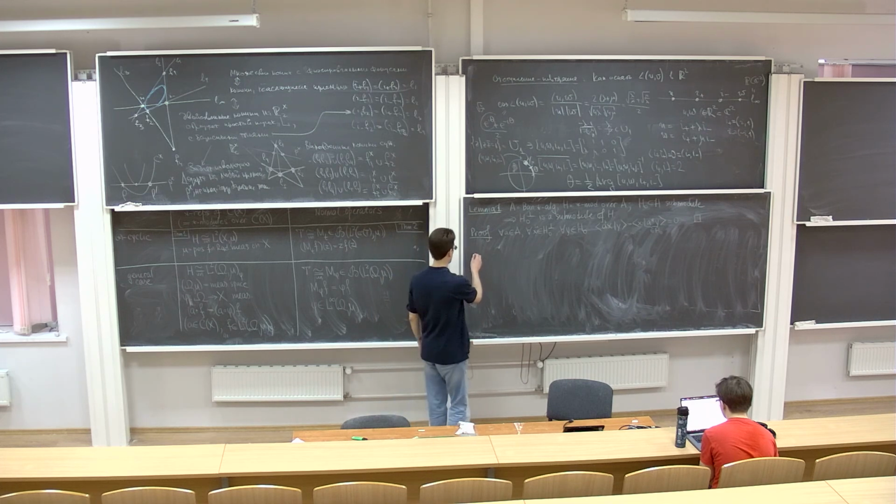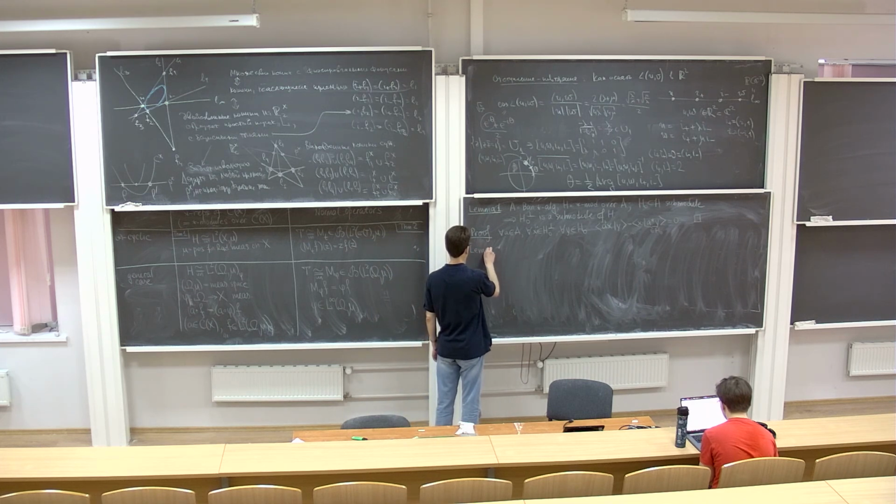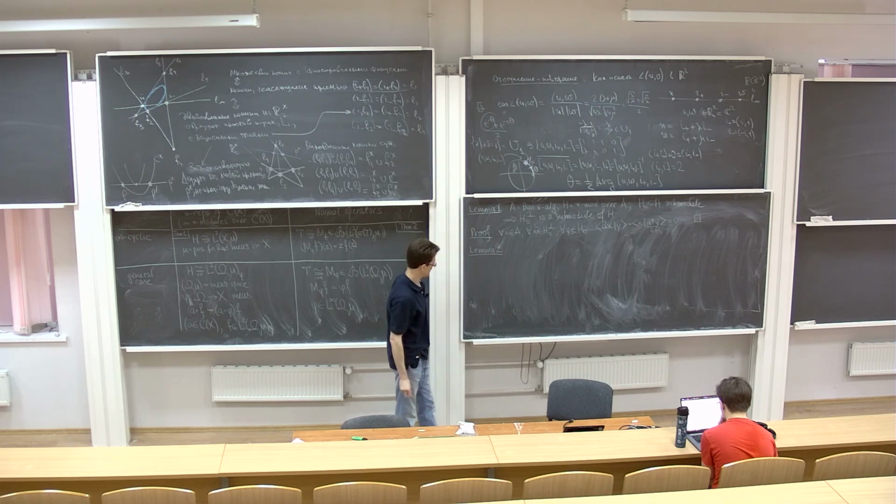Okay, now lemma 2. Lemma 2 states that each star module is isomorphic to a Hilbert direct sum of cyclic submodules.